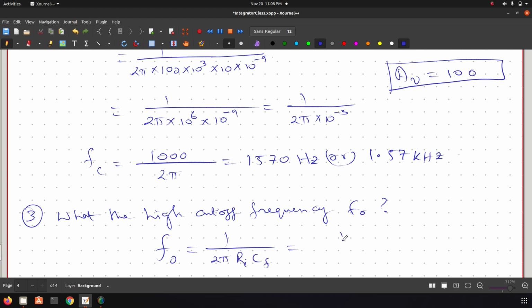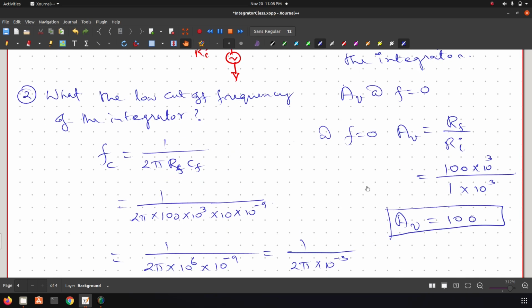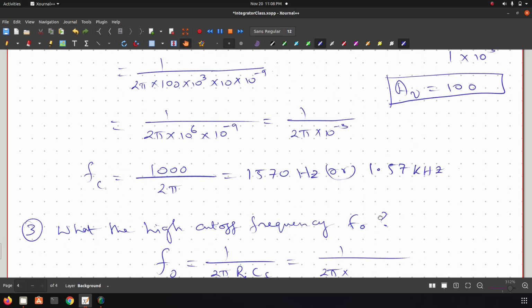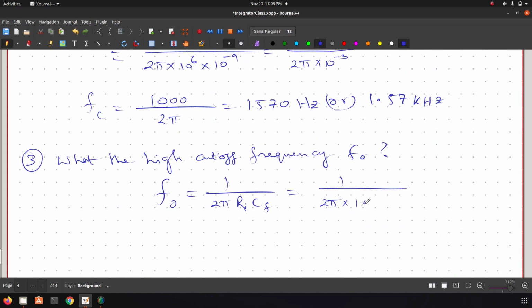Therefore it is 1 by 2 pi. What's the value of Ri? Ri is 1K, so it's 1 into 10 power 3, into CF, which is 10 nanofarad, so it's 10 into 10 power minus 9.